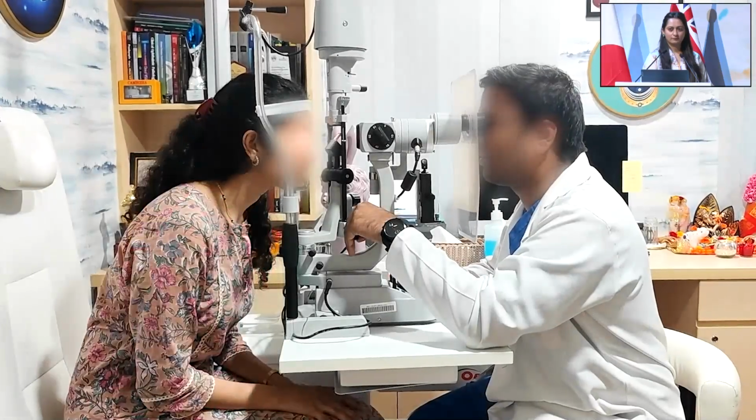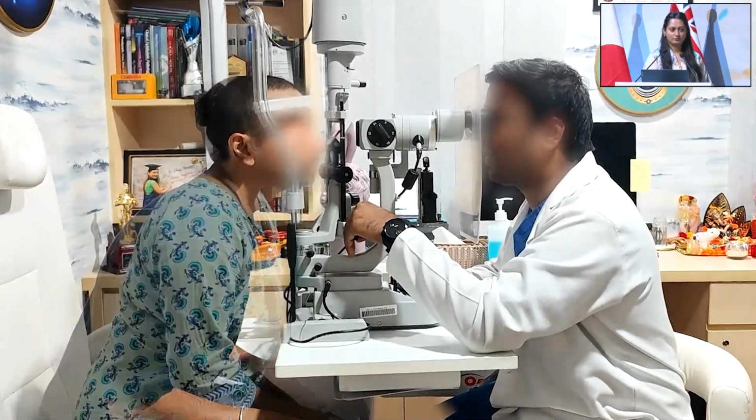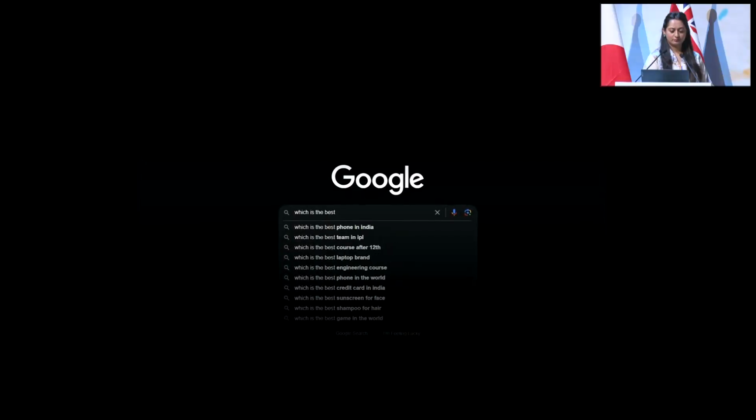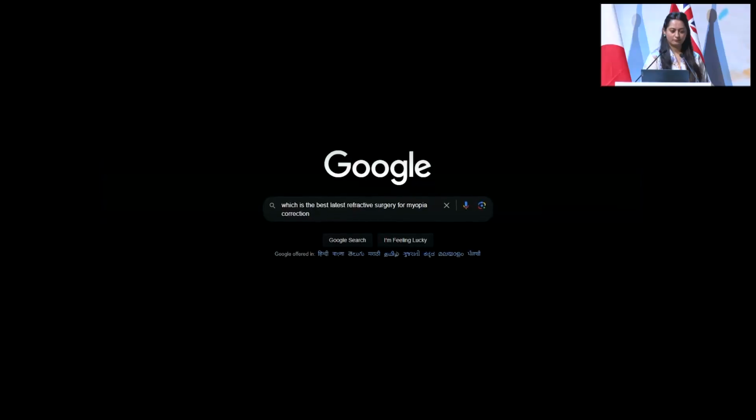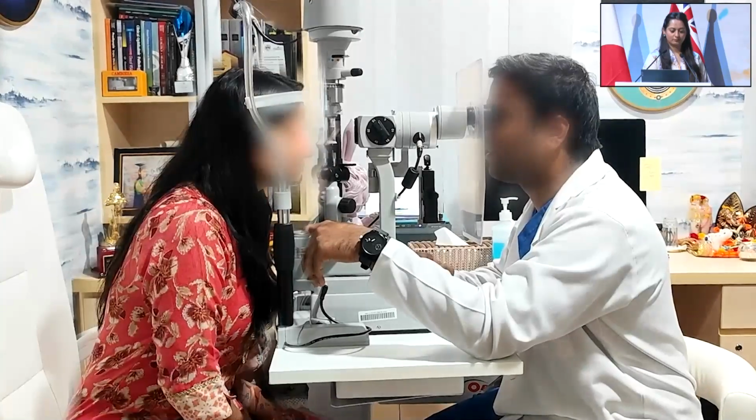Today's young patients are notably well informed, with widespread access to digital information regarding laser-based vision correction. They expect higher precision, safety, and outcomes from modern vision correction technologies.